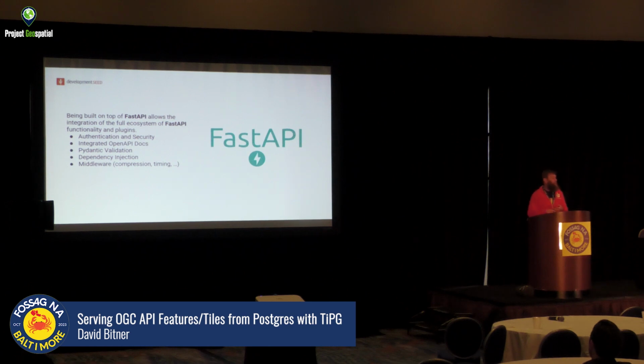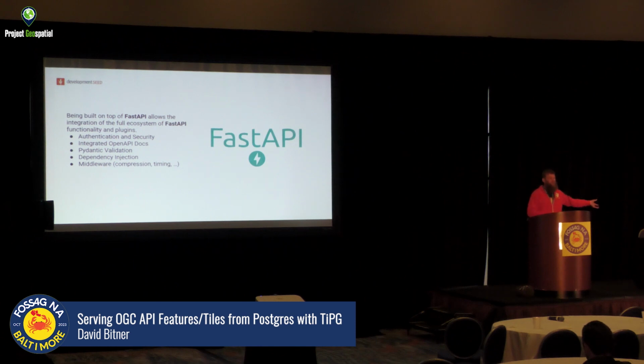Using FastAPI also allows us, we don't need to worry about building tools for authentication and security. We don't need to build something that's going to create OpenAPI documentation for TiPG or validation, and we can use the things that already exist with FastAPI.